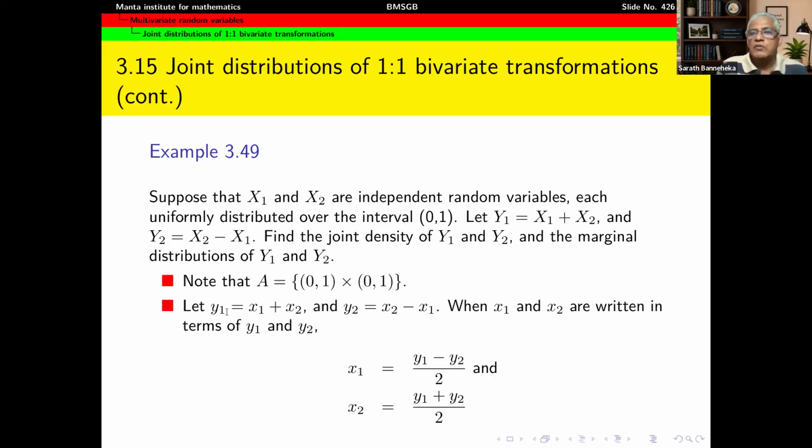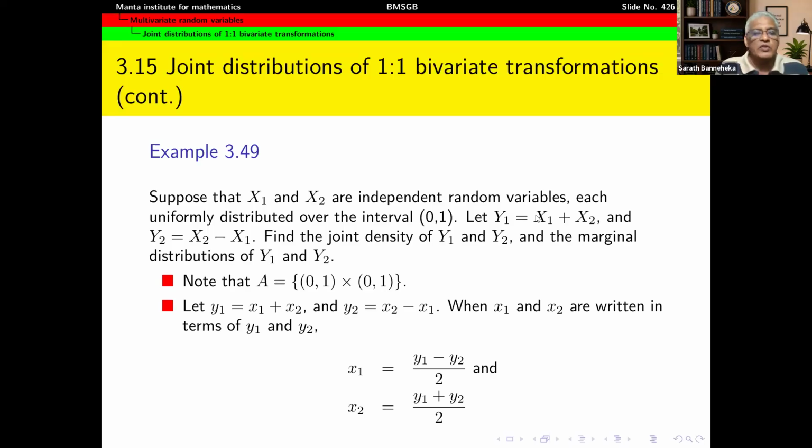Now we need to express x1 and x2 in terms of y1 and y2, right? So first of all, here we have expressed them as random variables, but now I'm writing them down as mathematical variables, because in the initial mathematical calculations, we are considering them as mathematical variables rather than random variables, right?